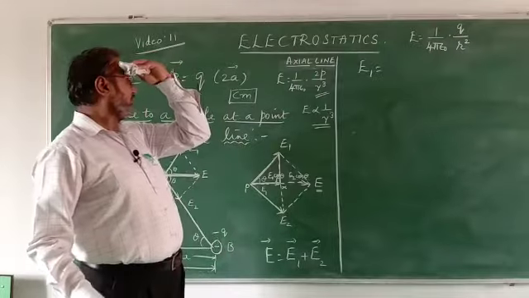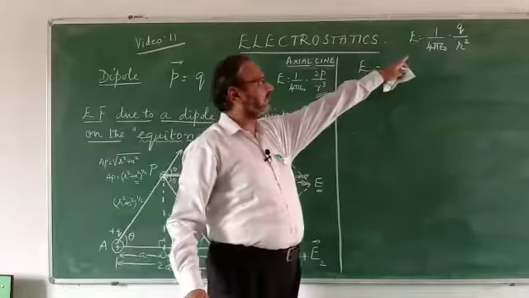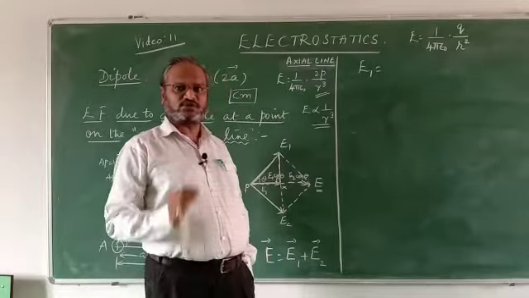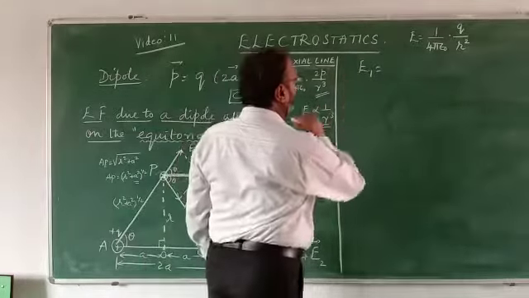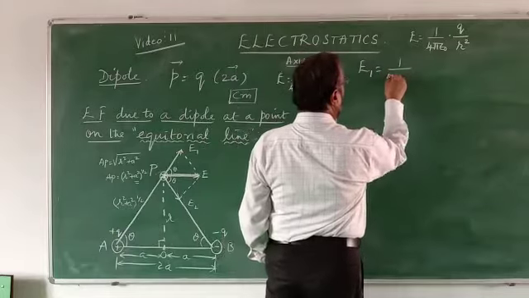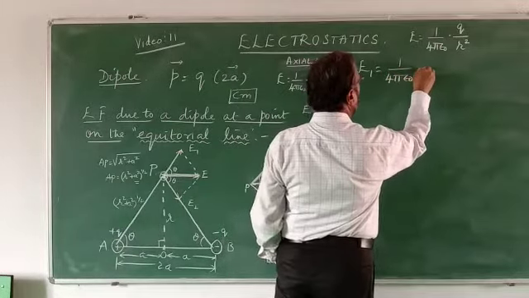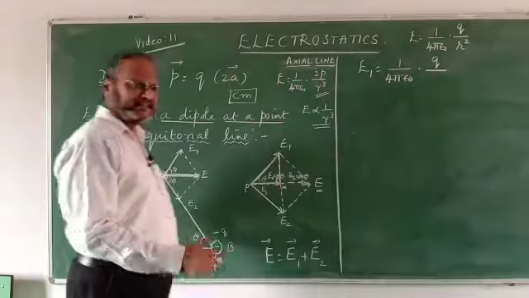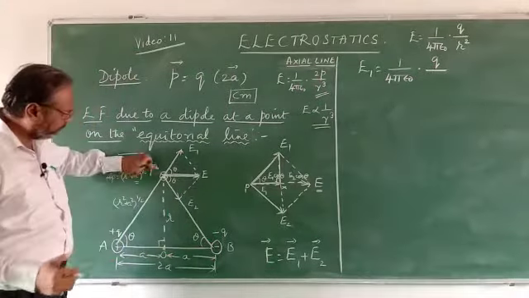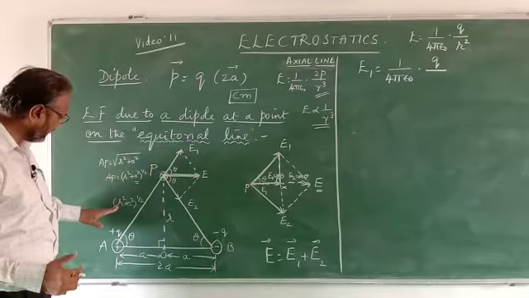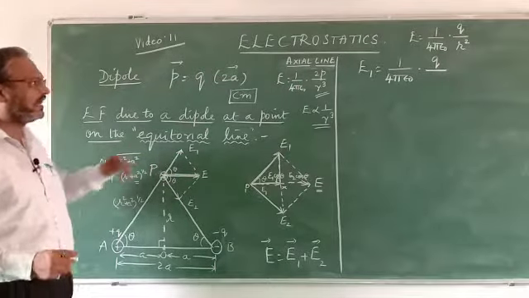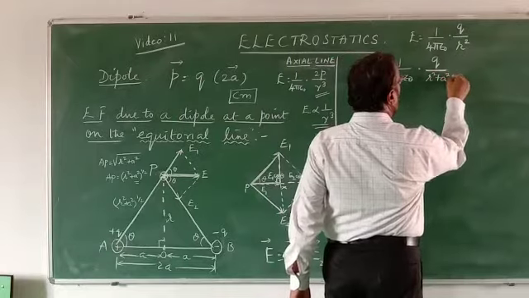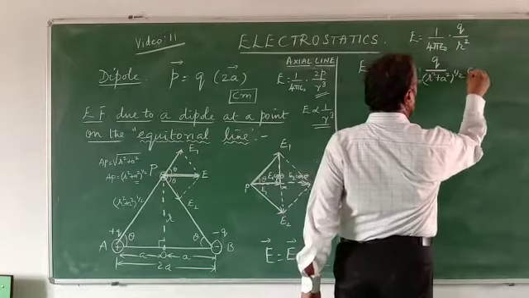Now we know that electric field is equal to 1 upon 4 pi epsilon naught q upon r square. What is E1 now? 1 upon 4 pi epsilon naught into one of the charges q divided by r, the distance between the charge and the point where you find out, that is r square plus a square power half, into cos theta, right?